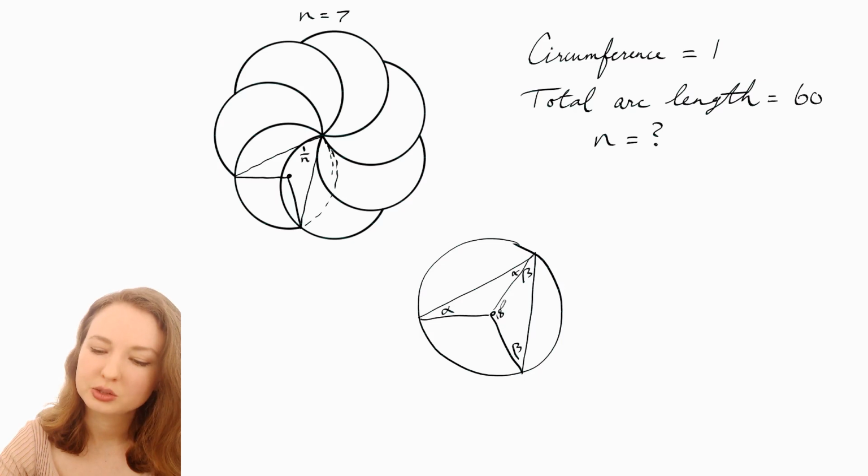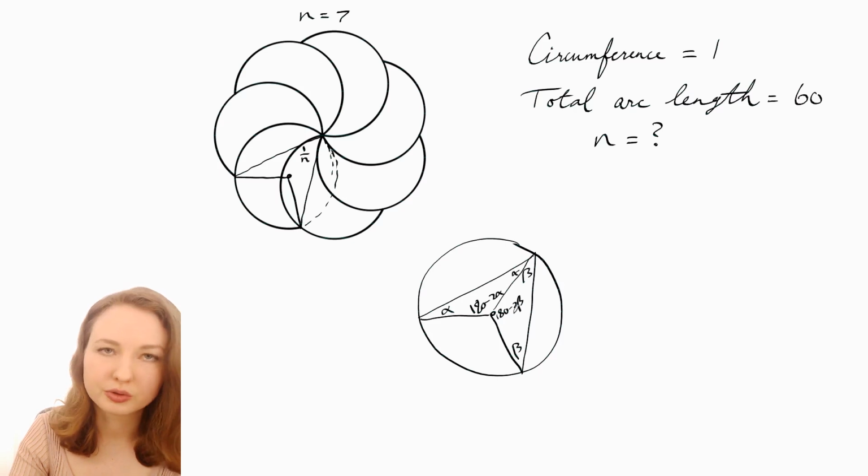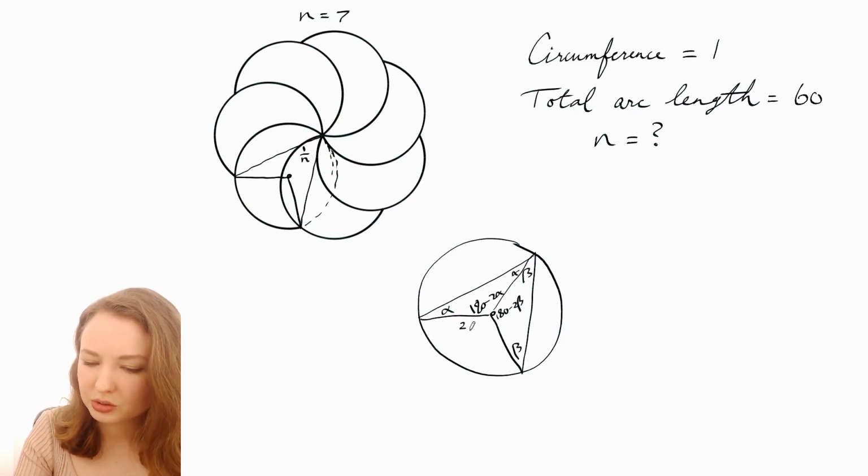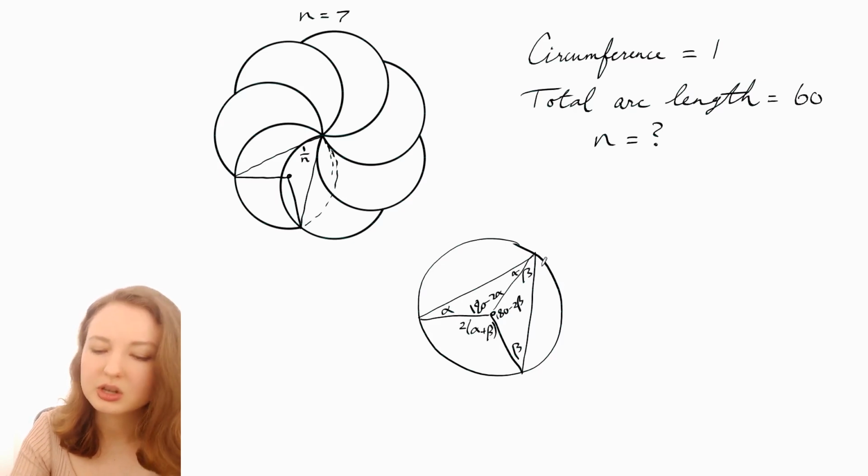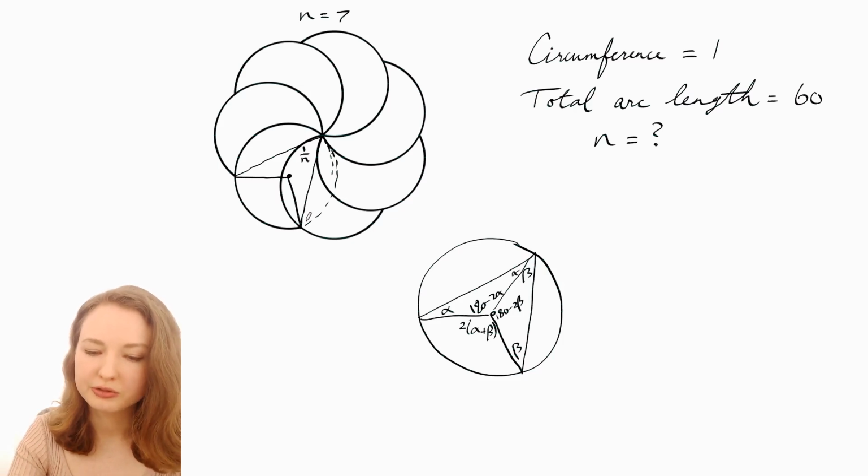Then this one is 180 minus 2 beta because of angle sum, and that one's 180 minus 2 alpha. And then this one is 360 minus both of those, so that simplifies to 2 times alpha plus beta. And then alpha plus beta was this angle, so this one has to be twice that one. So it is possible to do it. If you didn't know that fact, you would just have to derive it.